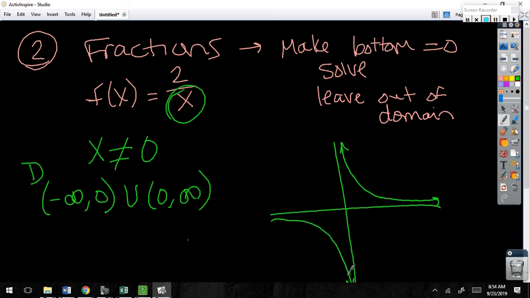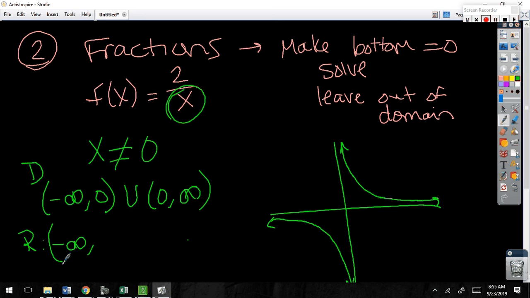What, looking at that graph, do you think the range is? Bottoms up. What's the lowest the graph goes to? Negative infinity. Then it goes up to what? Look. 0. It's doing the same thing on the range that it's doing with the domain.